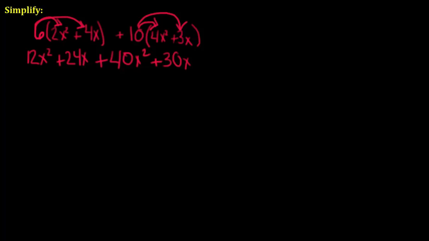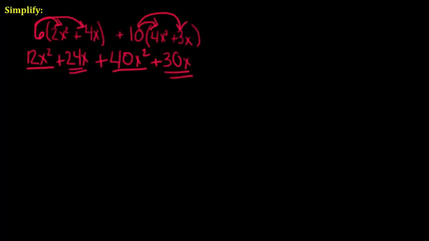Now we want to group all of the like terms. So I'll draw one line if it's x squared, and then 2 lines for just x. So now we know which ones will go together.